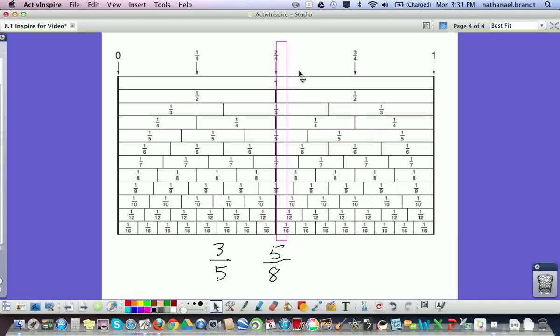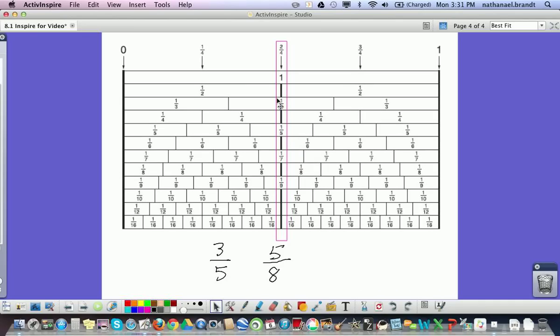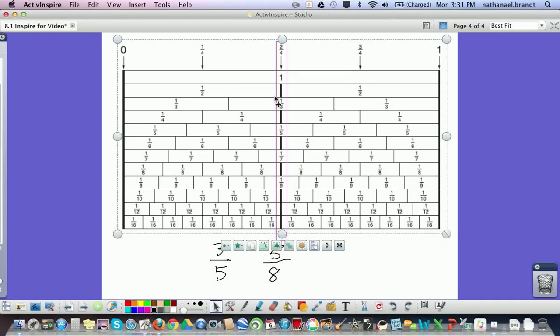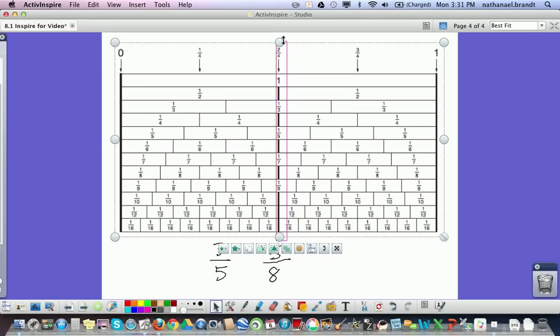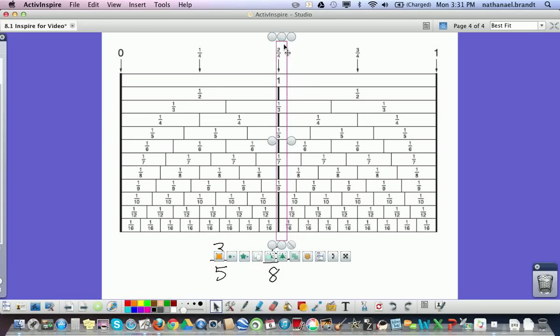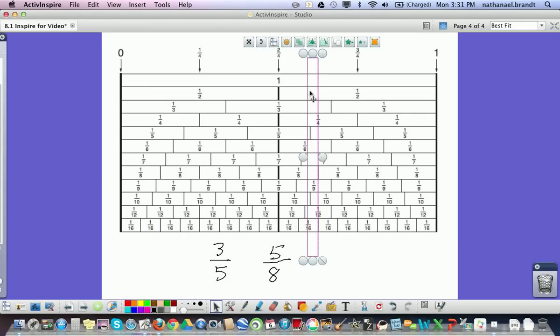Here we've got 1/5, 2/5, 3/5. So 3/5 is right here, and we're going to compare that to 5/8.